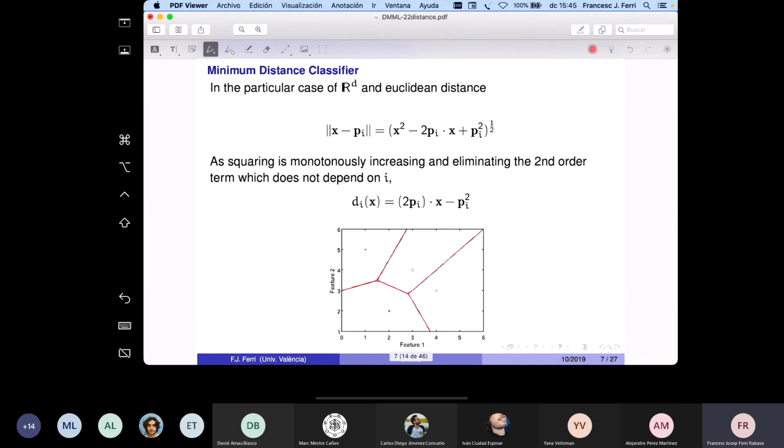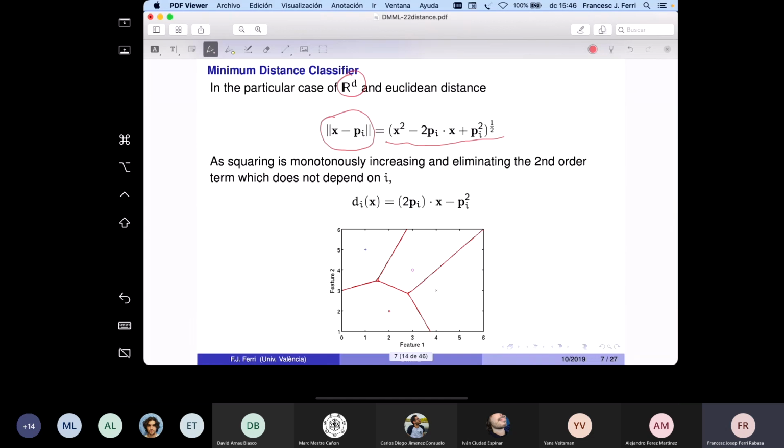Let's explore what happens with this classifier. In the particular case of a vector space, we can take these distances, distance for each of the prototypes, and develop this. This is for the Euclidean case, Euclidean distance.